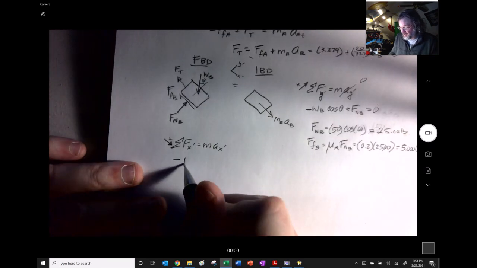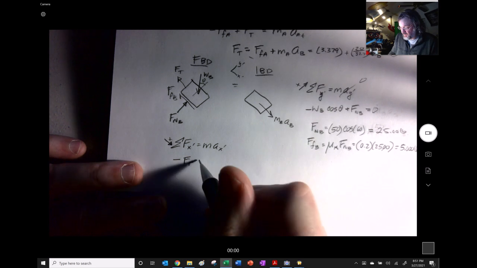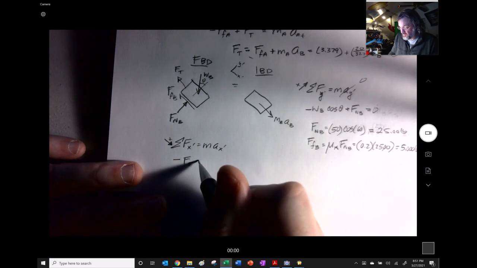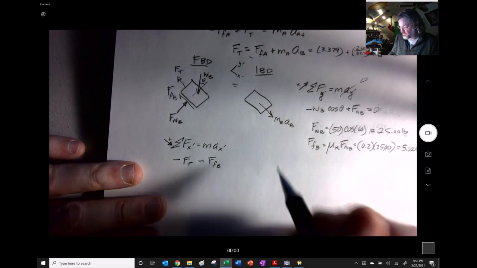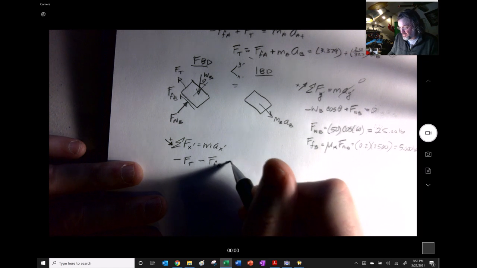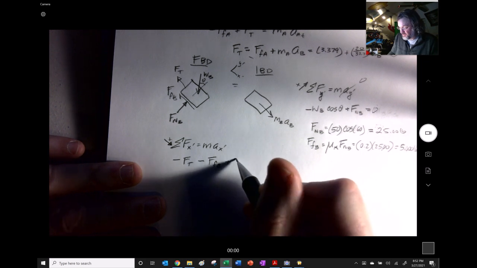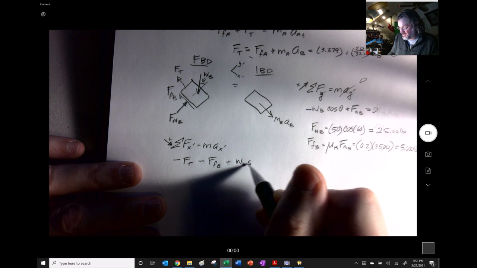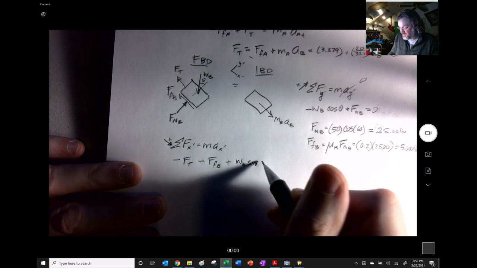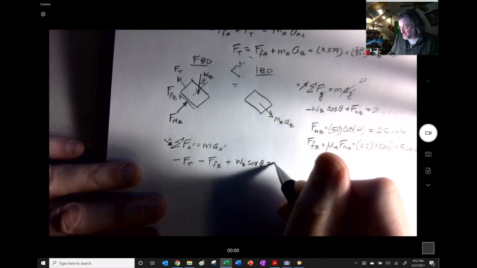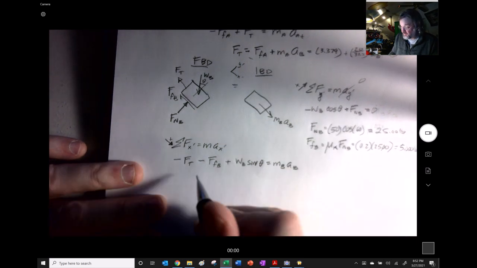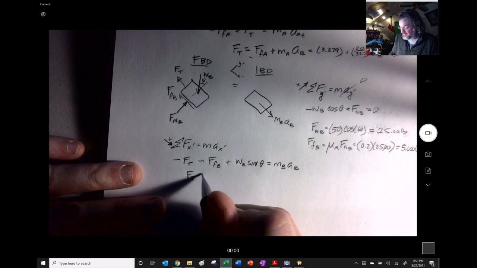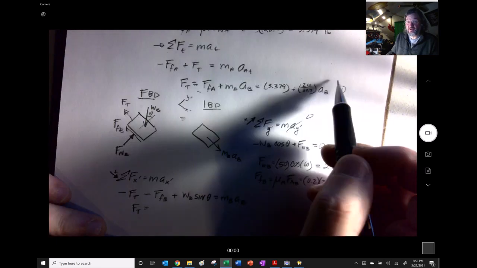So we're going to have negative Ft, minus FFB, right? And then plus WB times the sine of theta is equal to MBAB. So this is the equation that we have up here.